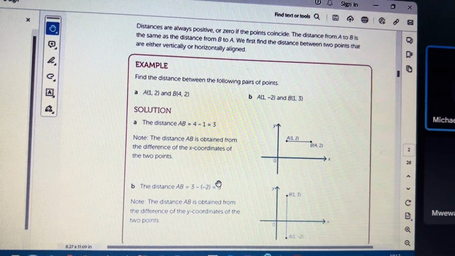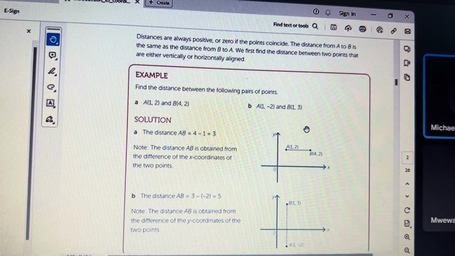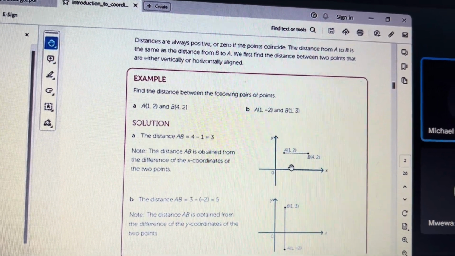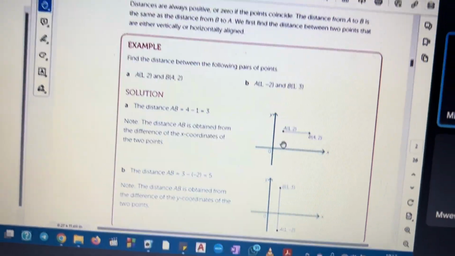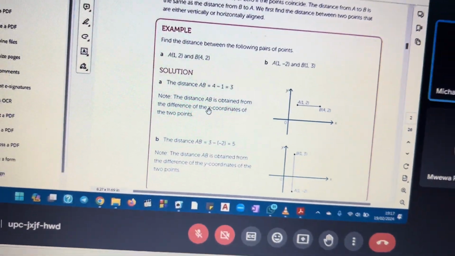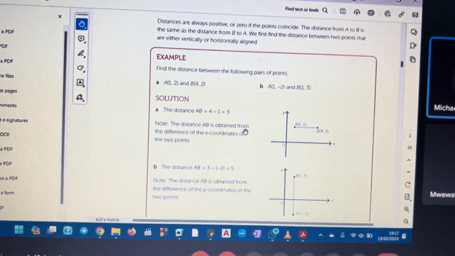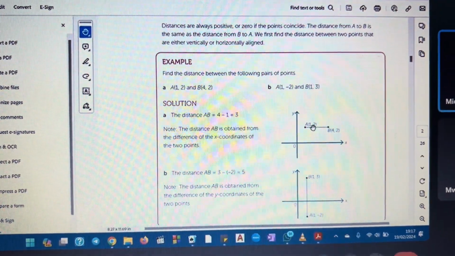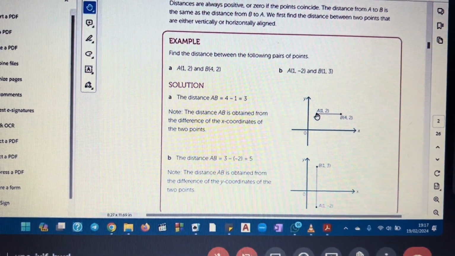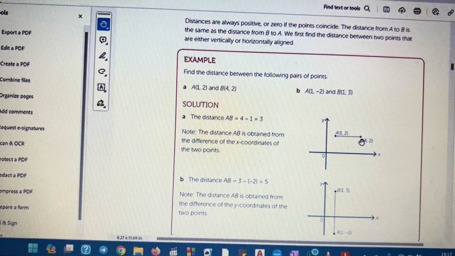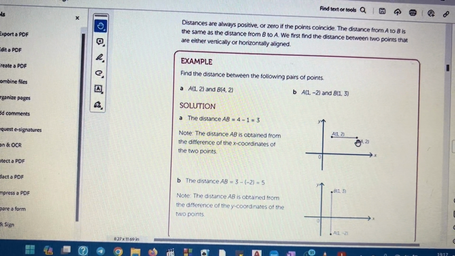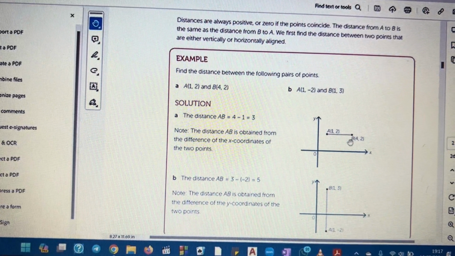And these examples are tackling situations where your points lie in the same line. So your distance will be just one number because the change is in one direction. You're changing from one position to the other position along one axis. The other axis is stagnant, it's constant. There's no change in that one.